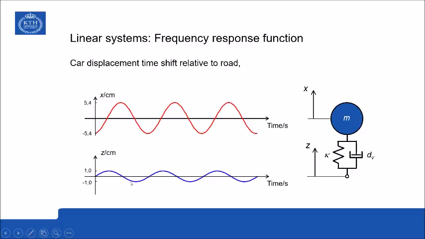Then it turns out that the car displacement will also be a sine, of course, but with a different amplitude. And as you can see here, the sine shape will be shifted along the time axis. And the magnitude of this time shift will be the phase angle over the angular frequency. In this case, it will be shifted 75 milliseconds backward in time.